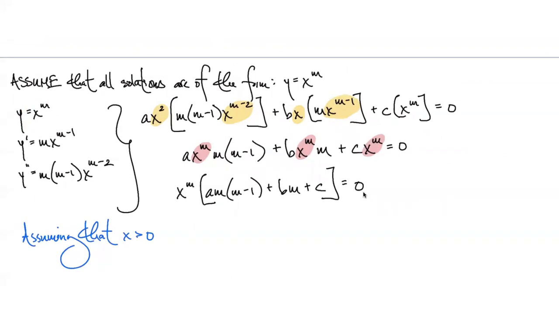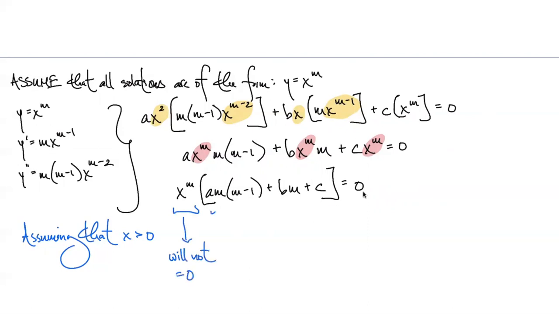And so there's nothing changing. And when things aren't changing, we don't model it with a differential equation. Okay. And so when we look at what must be true, it must be that this chunk, x to the m, will not equal 0.